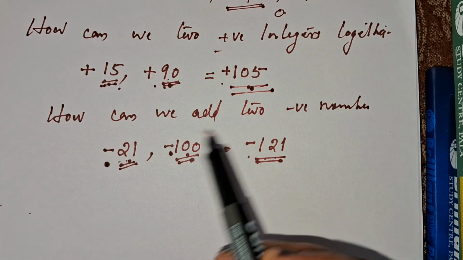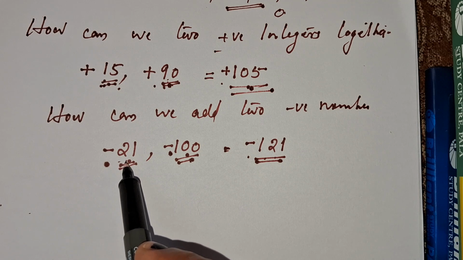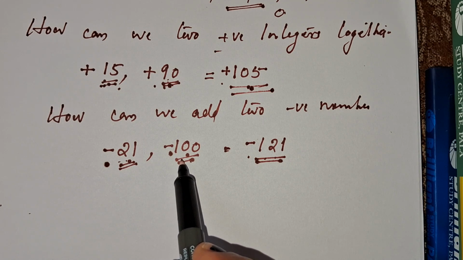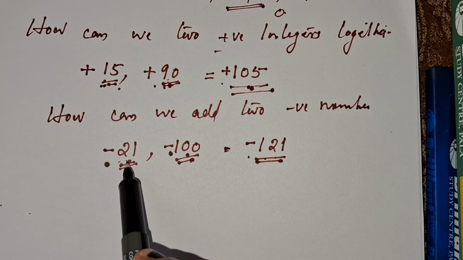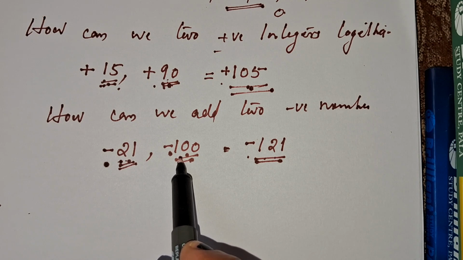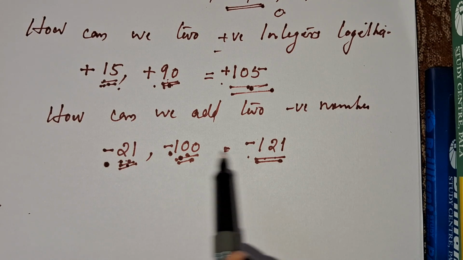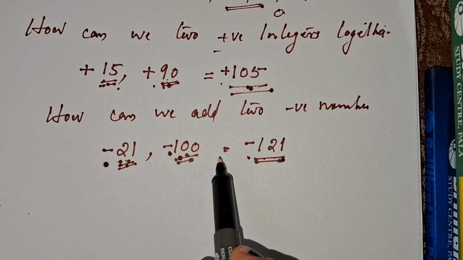How can we add two negative numbers? Here the numbers are -21 and -100. Here also add the numbers together. 100 plus 21 is 121. Then put the negative sign.